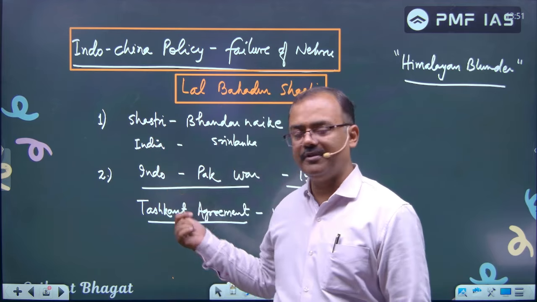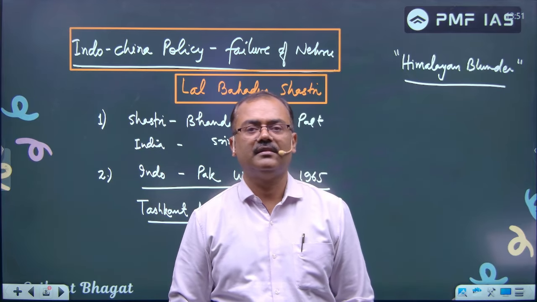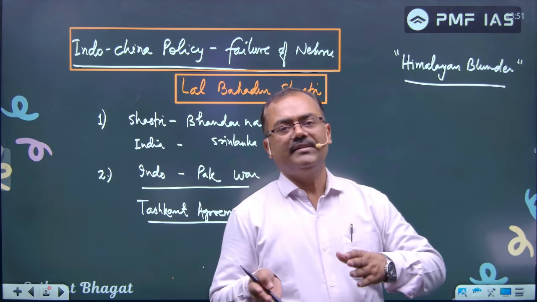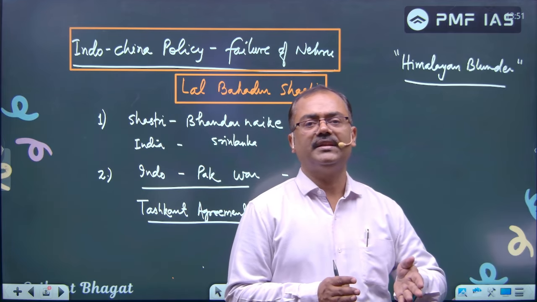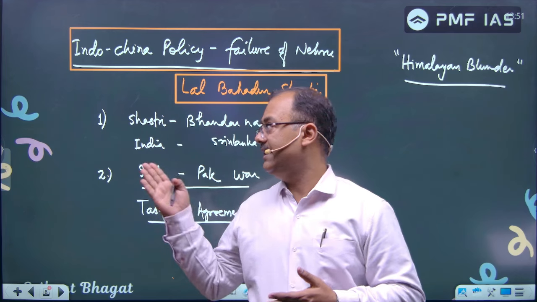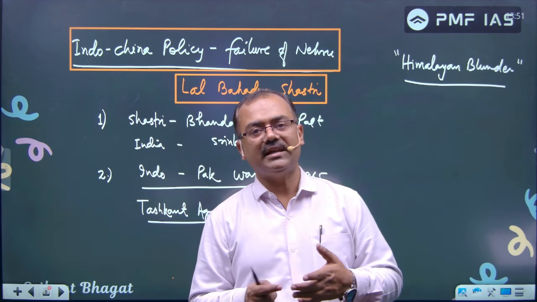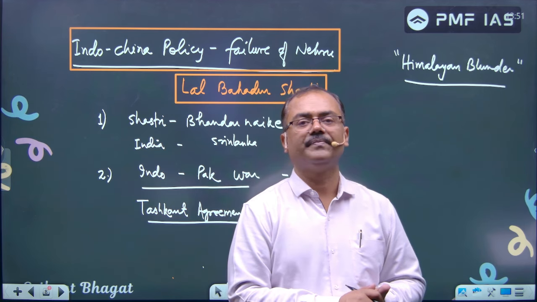America was also in favor of Pakistan for various reasons. So Russia was in favor of peace in the region, America in favor of Pakistan. China had already fought a war with India in 1962, so China was naturally in favor of Pakistan.